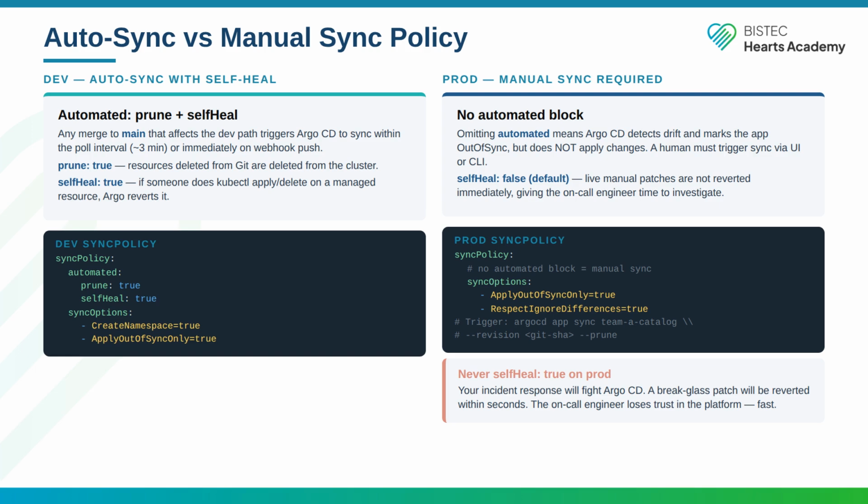Your on-call engineer is now fighting the platform at the worst possible moment. This destroys trust in the GitOps platform faster than almost any other mistake. The correct break glass pattern is to either commit the emergency change to Git and sync from there, or temporarily suspend auto-sync on the specific application, make the break glass change, document it in the incident ticket, and then commit to Git and re-enable sync.